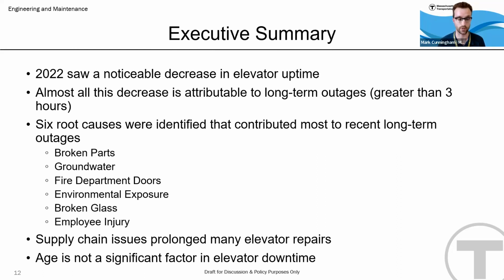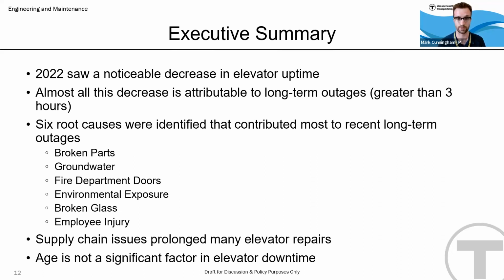2022, as has been said before, saw a noticeable decrease in elevator uptime. What we found through our analysis was that almost all of this decrease is attributable to long-term outages. Long-term outages we defined as greater than 3 hours. We picked this for a couple reasons.